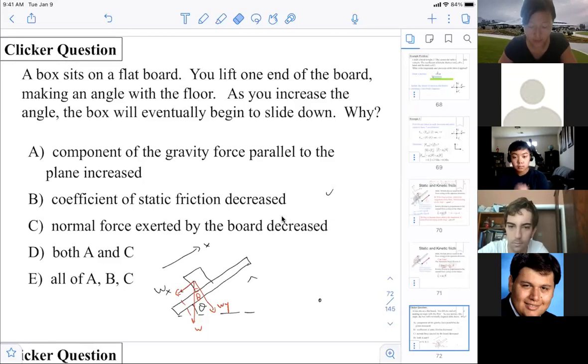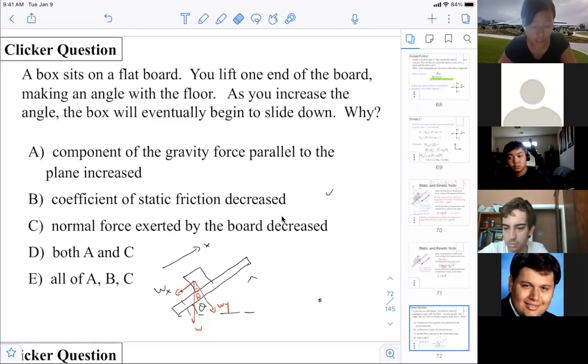All right, so not only are we selecting whether the statement is correct by itself, we also want to see whether it contributes to being one of the reasons that the box begins to slide down. So we can first look at whether that is true, and then look at whether it contributes to what we're trying to explain.